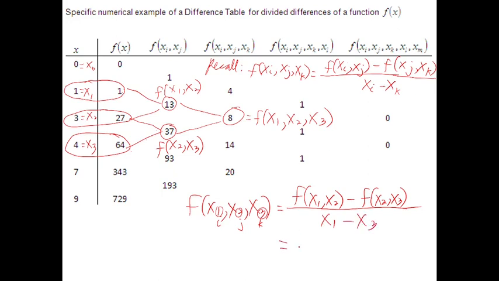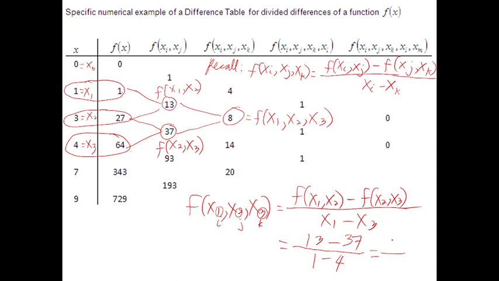So what is f of x1, x2? That is 13, minus f of x2, x3, that is 37, over x1 minus x3, that is 1 minus 4. So what is 13 minus 37?